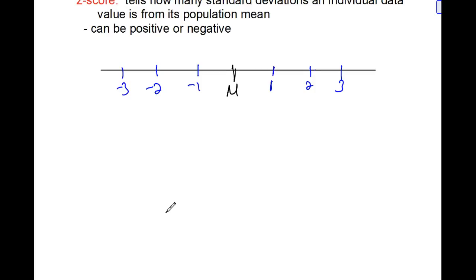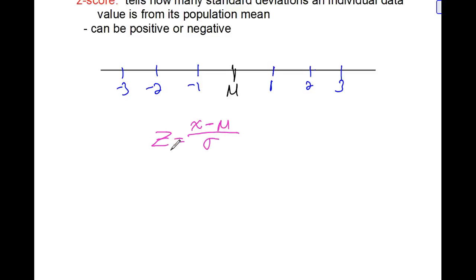Now, to calculate the z-score, we're going to use the formula z is equal to x, which represents our data value, minus our population mean, divided by our standard deviation. So we have our data value minus our mean, which actually looks like our original deviation, divided by our standard deviation.